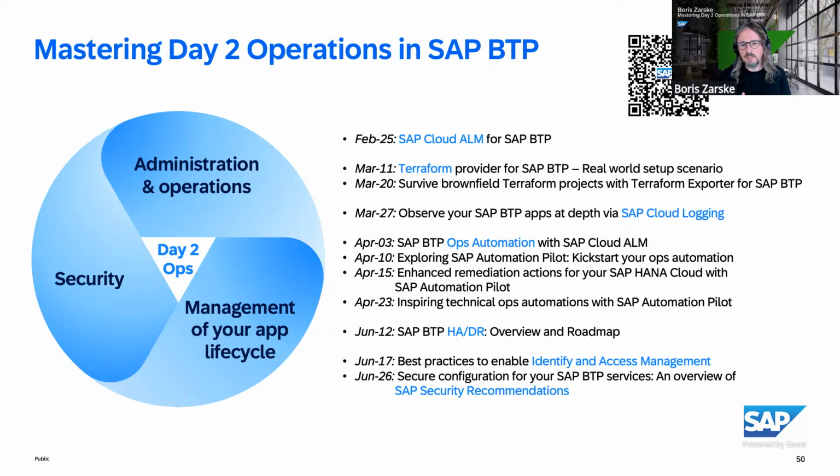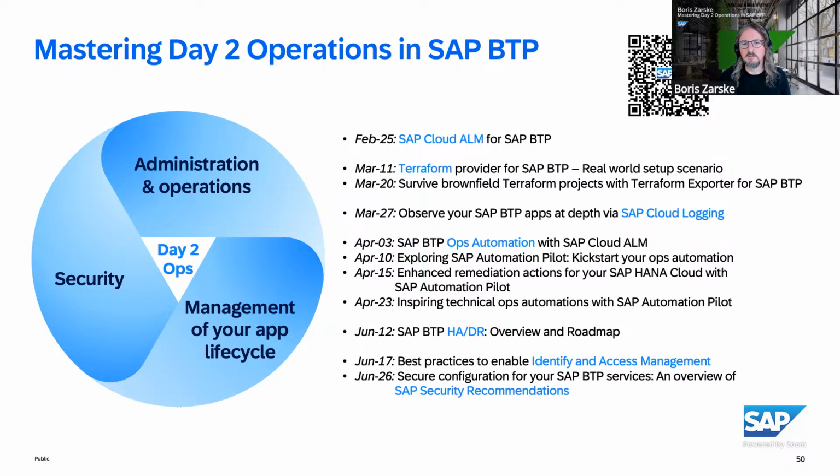It's a low-code, no-code engine that brings catalogs of single commands which you can combine into overall actions, and then you will really experience how an alert from SAP Cloud ALM or an event coming up in Cloud ALM can trigger then an automation flow executed on the Business Technology Platform. We will start with an overview session, then we will look especially at automation use cases around handling SAP HANA Cloud, before we then come to a more generic session with inspirational other use cases around operating SAP BTP.